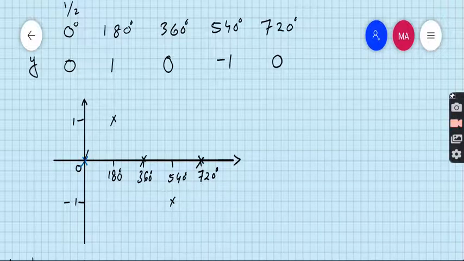Join these 2 points first. And now use another color pencil to join those points which are below the x-axis, and then reflect these points. So for 540, the answer is minus 1. It should be 1.